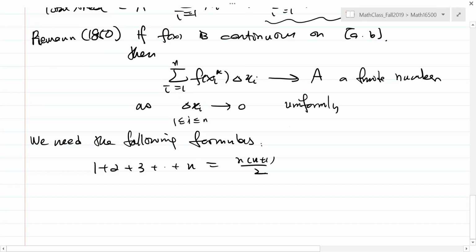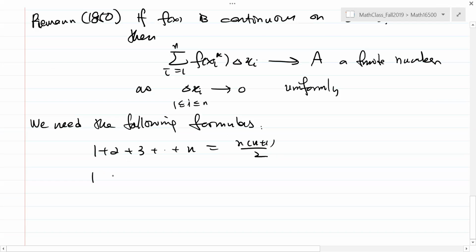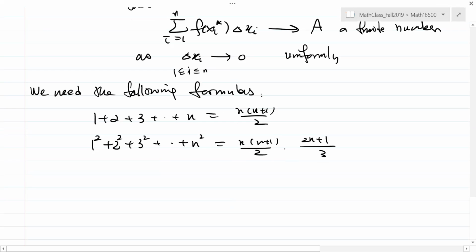I think a majority of students know this formula. The second formula is 1 squared plus 2 squared plus 3 squared up to n squared, which is n times n plus 1, looks very similar, right? And this times 2n plus 1, divided by 6. That is an additional term. Sometimes we just simply write divide by 6, since 2 times 3 is 6.